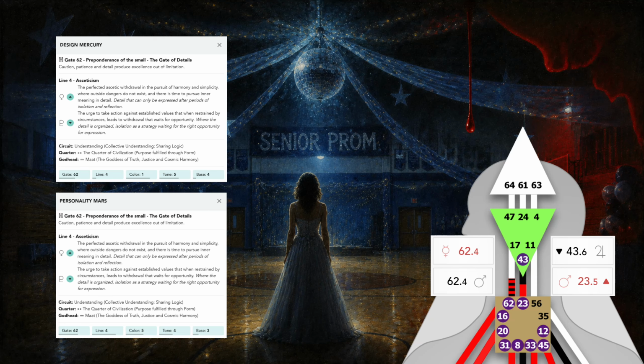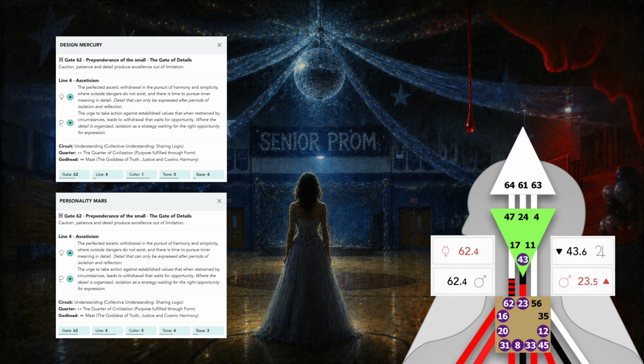His design 62.4 appears a second time, now activated by Mercury. Mercury is about communication, messaging, mental articulation. Mercury on the 62.4 doubles down on the linguistic function of this gate. Remember, the 62 is specifically the gate of naming things. Mercury here means the way King talks about what he knows, the way he articulates detail, is itself a defining feature of his design.